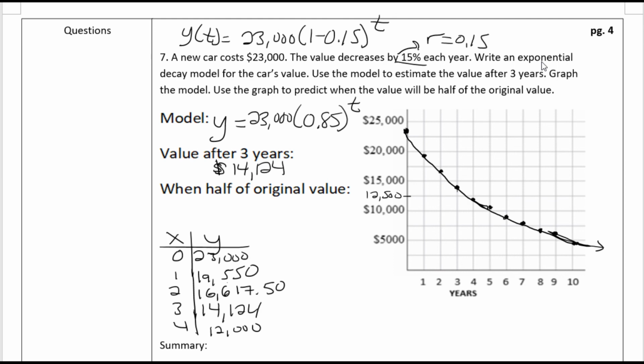So 11,500, yeah, it's around probably around here. So probably about 4 years. Can you see that? That's about 4 years. If you trace it down to the x-axis, that's about 4 years that you can tell. So when t is about 4 years, you'll get half of the original value.